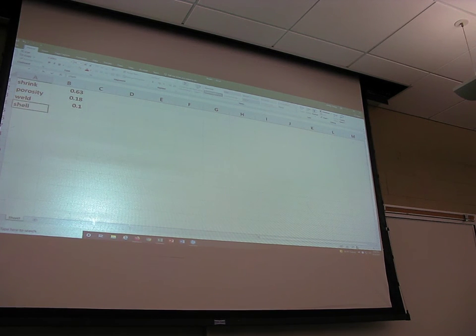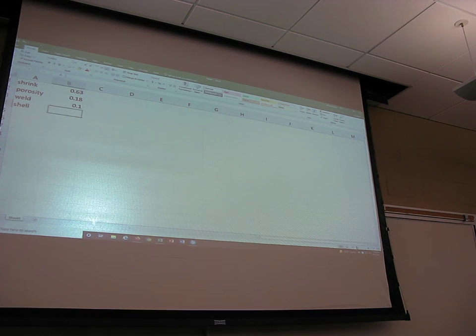Next one, shell. Okay, is everybody with me so far? Shell is 5%. That 5% is not 0.5. 5% is 5 cents. How would you write 5 cents? 0.05. Make sure you do that right, or else you're going to get something totally screwed up.